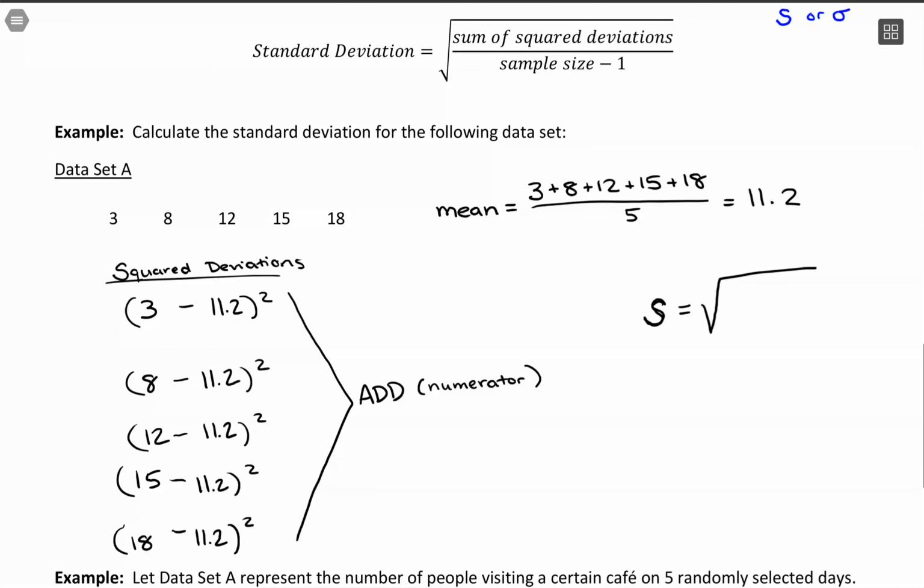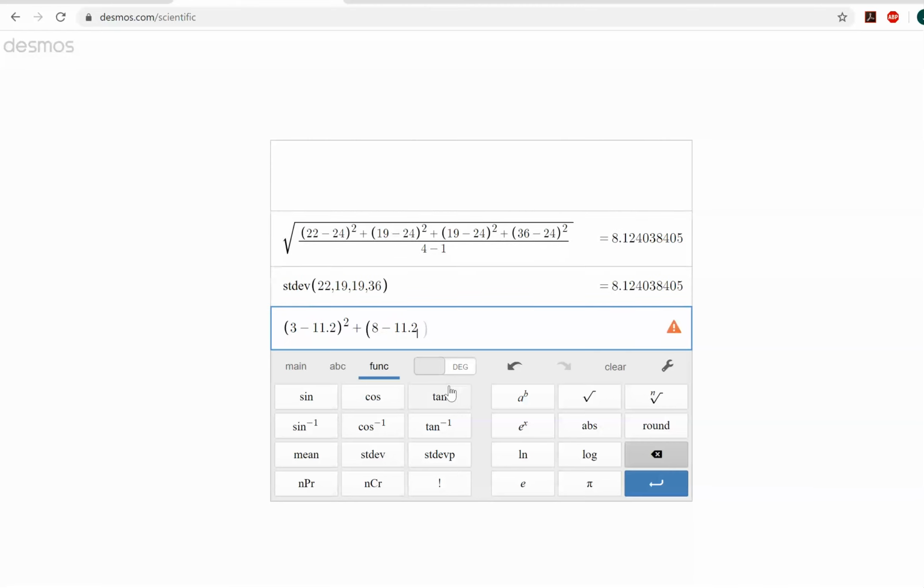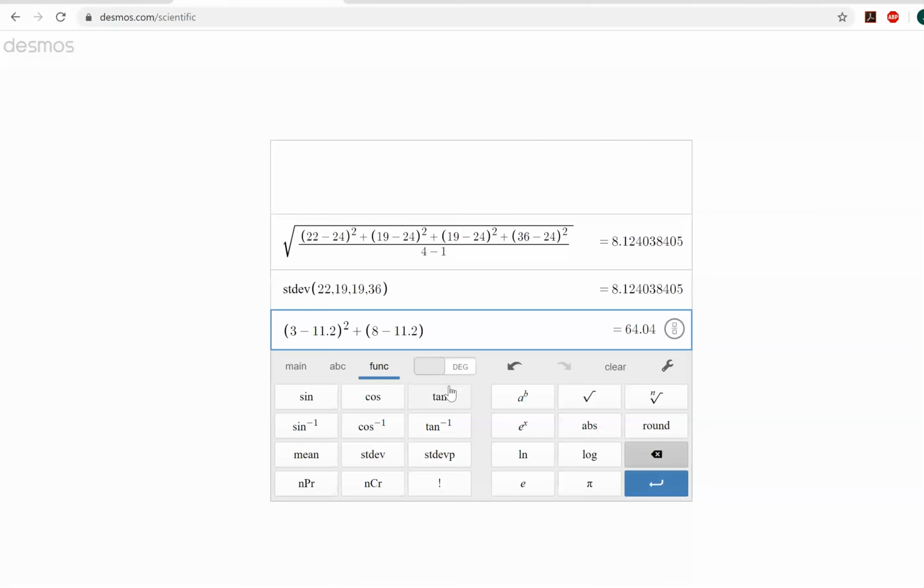So with this broken down, it can be a little easier to type into the calculator. So taking 3 minus 11.2 squared, and so on and so forth. Sorry, it's hard to type.